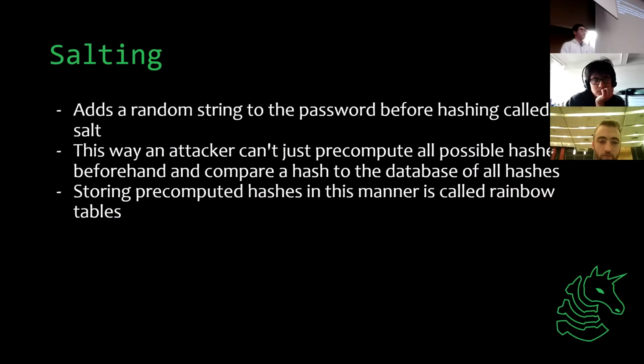Real quickly, we'll talk about salting. So salting just adds a random string to the password before hashing. What this does is it prevents attackers from creating a pre-built table of every single possible hash. This is called a rainbow table, by the way.